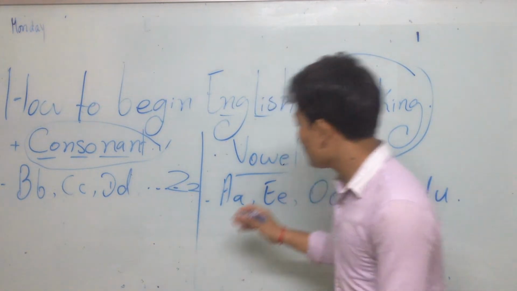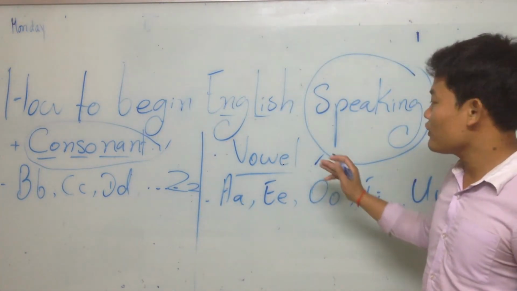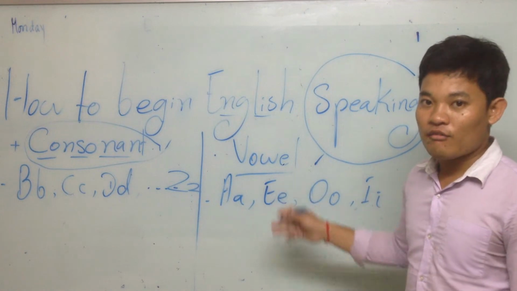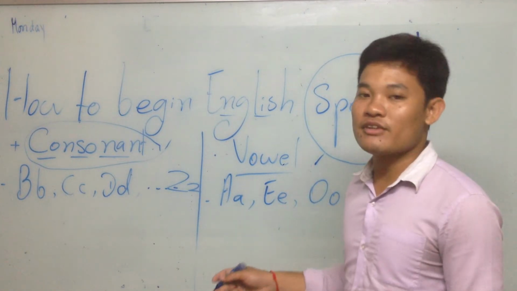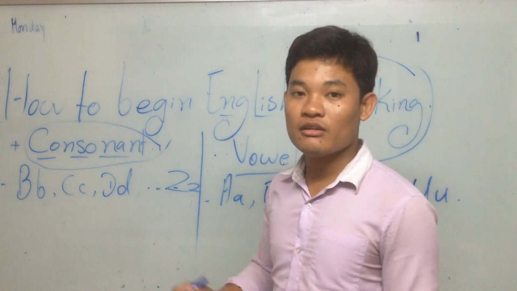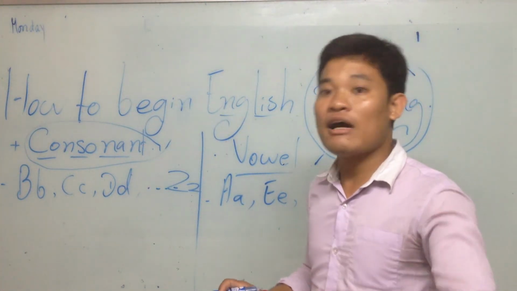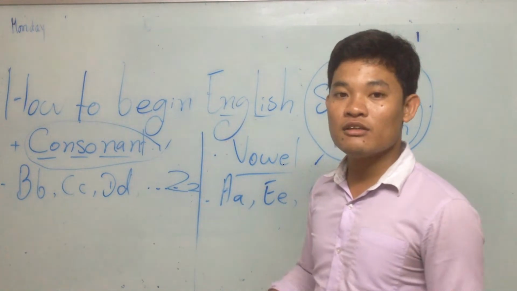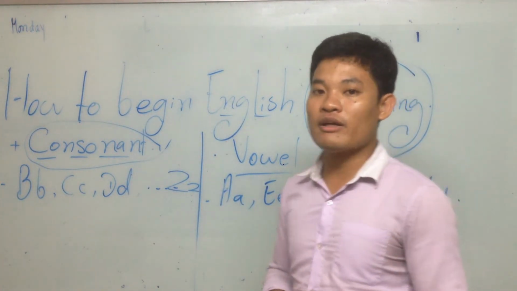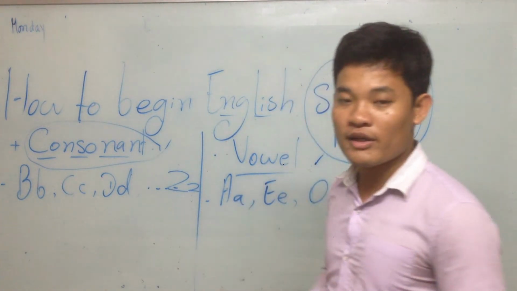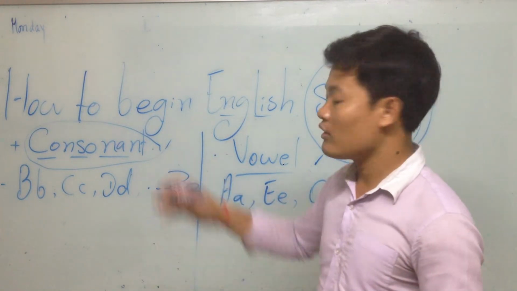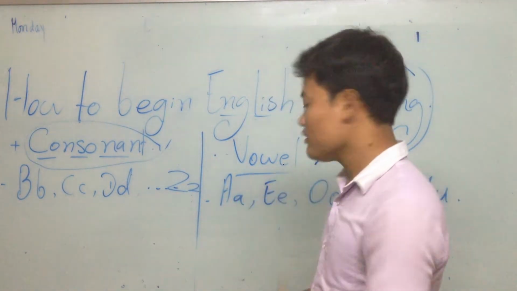Alright? And the last point is what we call the vowel. A vowel is one of the symbols in that language that we use to make a sound with the consonant, so that the word can be pronounced with the vowel that we have with a consonant. Okay?